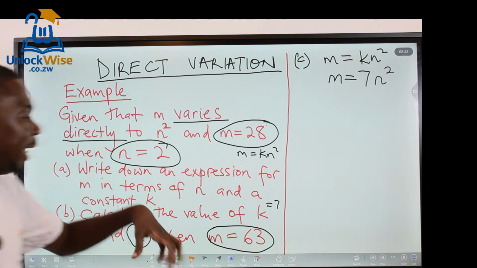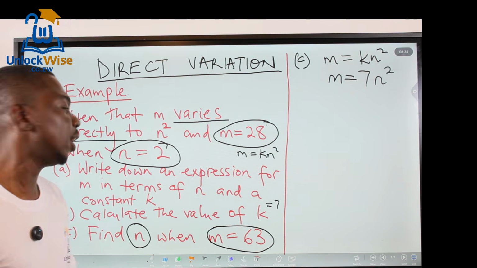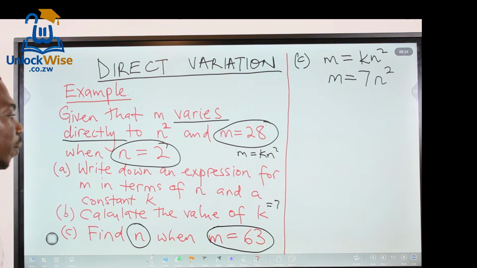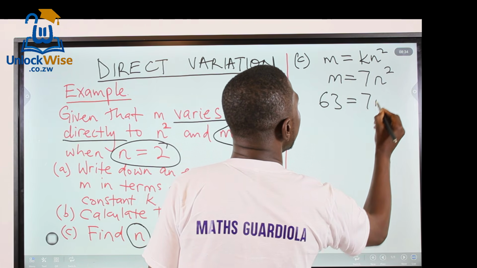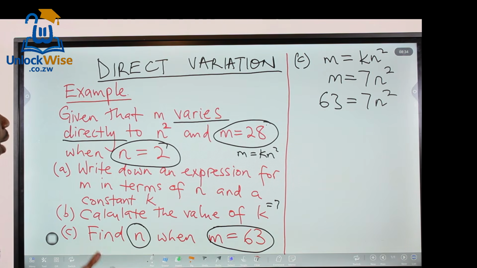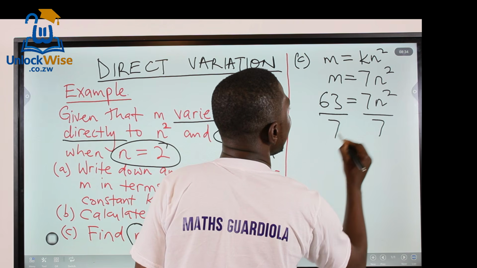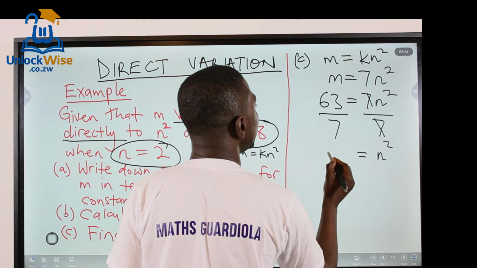I mentioned this before, that you will be given one variable and be asked to find the value of the other variable. In this case, we are given m is 63. So we are going to say 63 is equal to 7 n squared. After this, we divide both sides by 7, and we will have n squared being equal to 9.